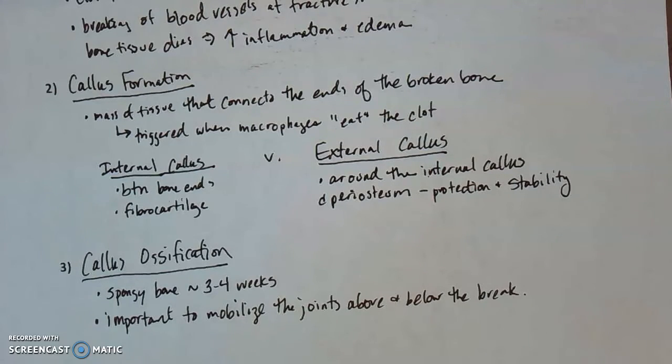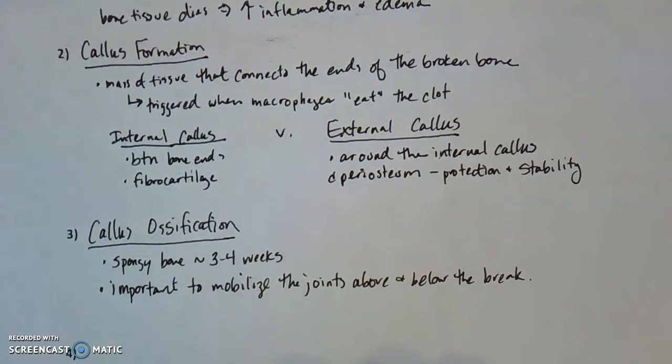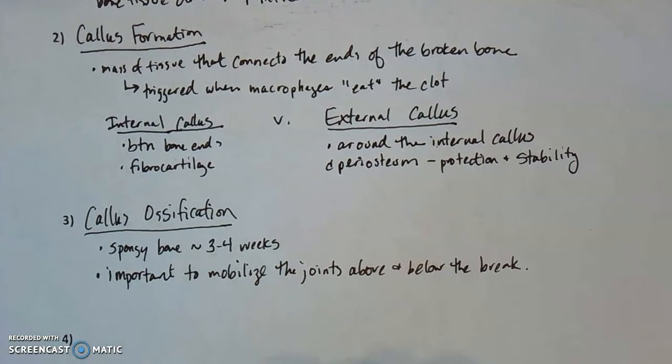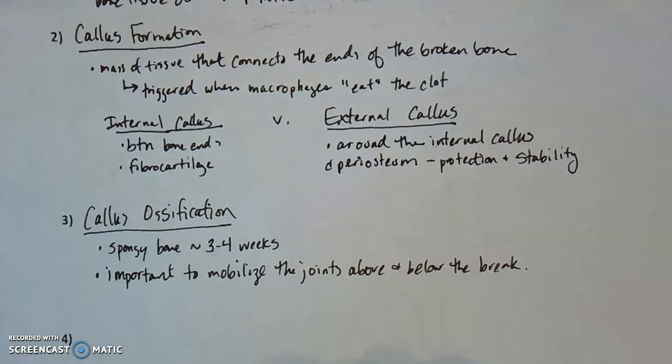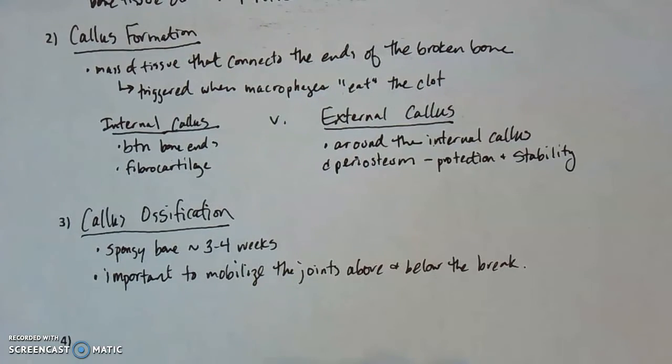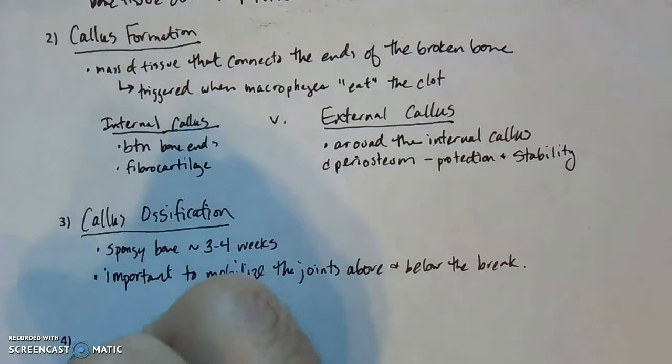Somebody has a metal support that goes from the side of your arm down to your body to immobilize your shoulder. So if you have a cast, this is why, because you need that spongy bone to form to help solidify the break. And then our fourth diagram is bone remodeling.